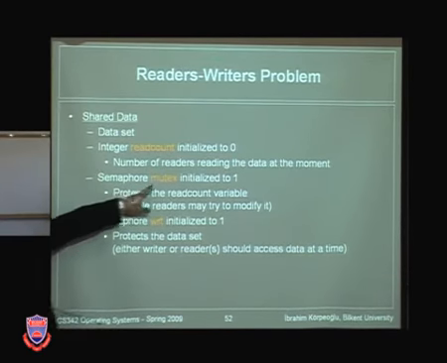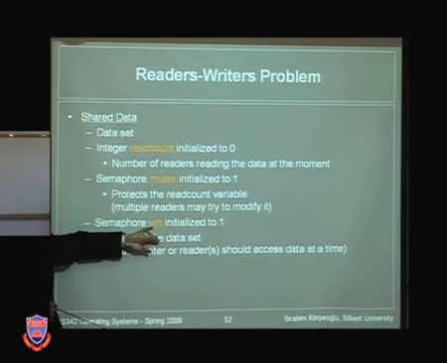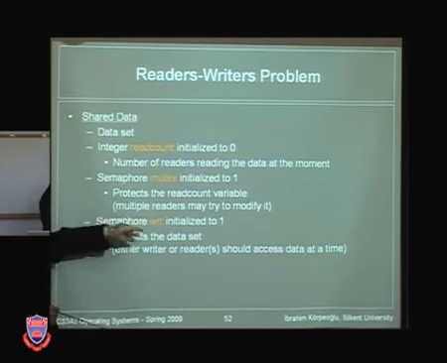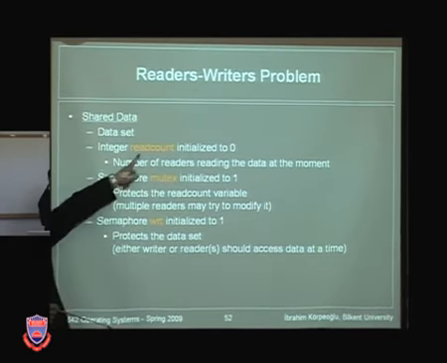And what about this mutex here? The write semaphore will be used for that purpose. But what about this mutex here? That will be used to protect the read count shared integer, okay? Since read count is counting the number of readers. When a new reader comes in, the read count should be incremented by that reader, okay?